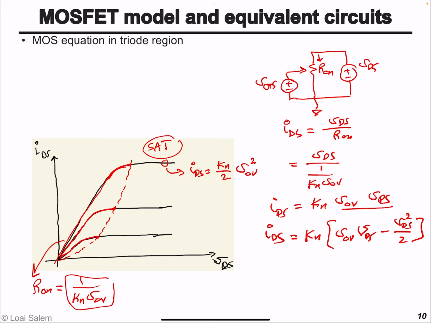And by the way, this model applies to the entire triode region, deep triode as well as triode. So all of this is the triode region, and its current is expressed by this equation.